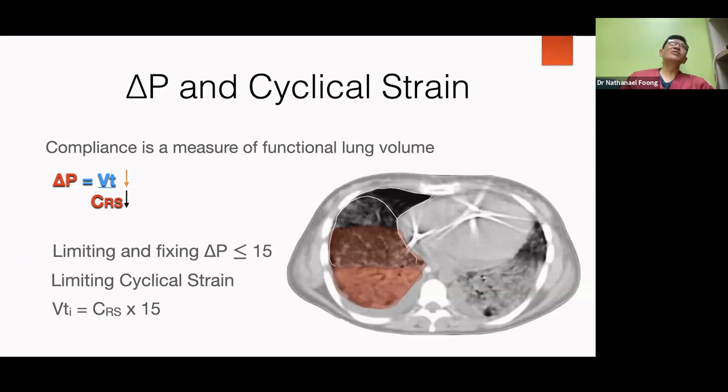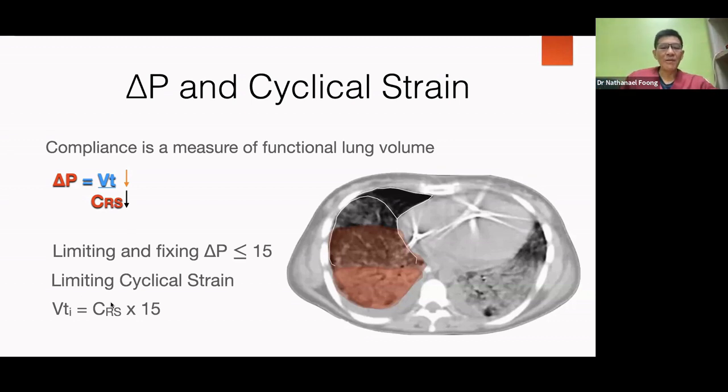So that means if the patient's lung worsens and compliance drops, fixing the driving pressure at 15 will drop the tidal volume accordingly to what the lung needs. And this itself will reduce the cyclical strain injury, all right? And by fixing the driving pressure, inadvertently, you're also fixing to some degree the transpulmonary pressure. So that's why driving pressure is a measure that controls both stress and strain injury. And that's why it's being placed at the center of our ventilation strategy nowadays.